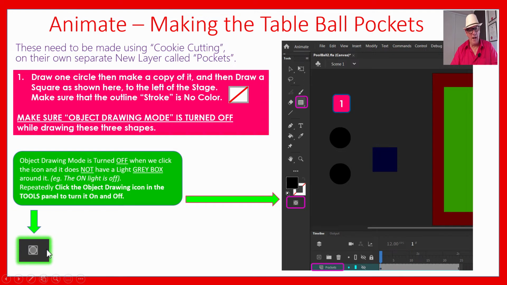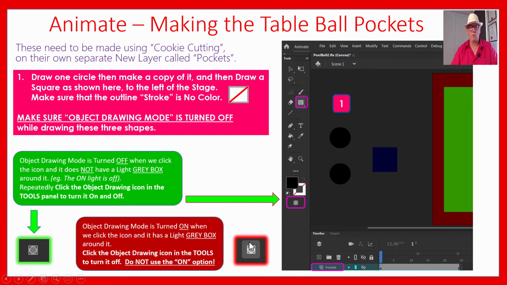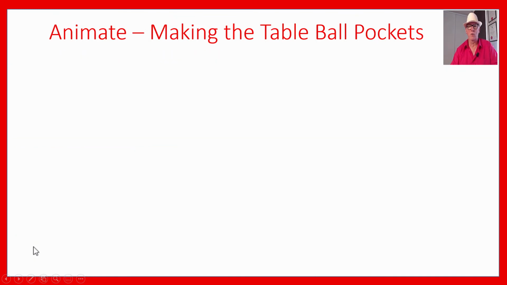If you click on it while it's here, you'll turn it on, and you'll see a light gray box around it, kind of like turning a light on. So just click it again and it should go back to off. You only want the little red square and the little circle, not the gray square around it. It's got to be turned off when you draw those.